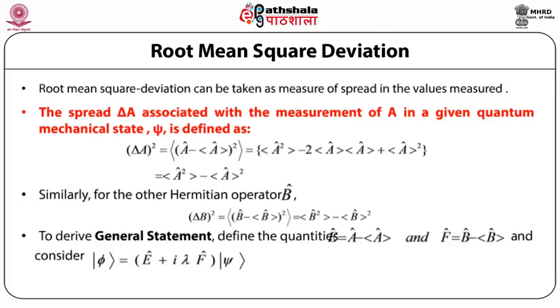Using these two results, one can then write the general statement for the spread of the values associated with a given measurement and define the operator E equal to operator A minus the expectation value of operator A, and operator F equal to operator B minus the expectation value of operator B. Let us consider the state phi given by state phi is equal to bracket open operator E plus iota times lambda times operator F bracket close acting on the state psi.